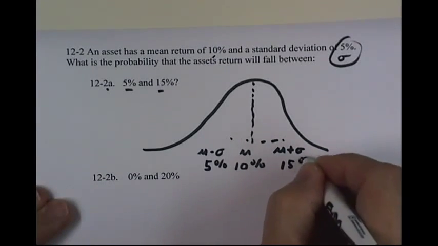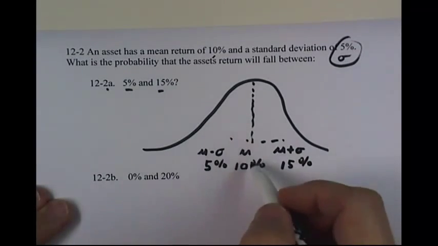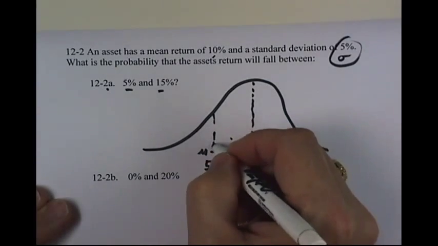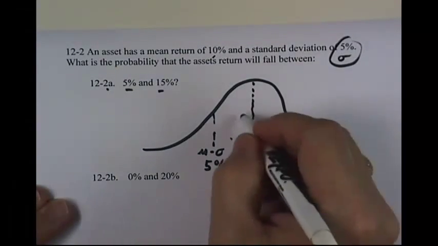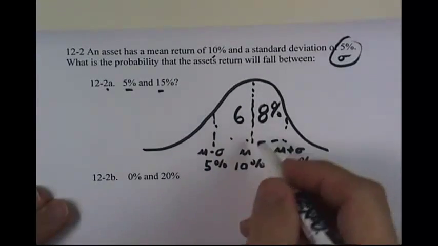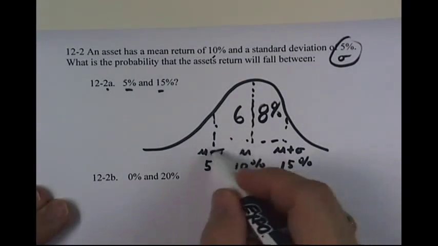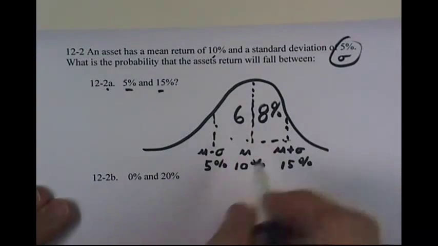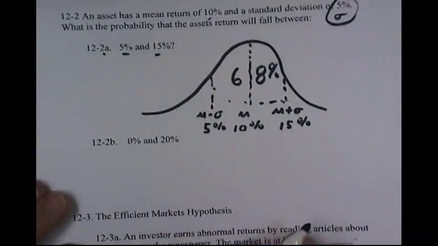So the mean of 10%, we go 1 sigma down to 5, 1 sigma up to 15, and as we mentioned in the lecture, 68% of the outcomes for a normal distribution fall between the mean minus sigma and the mean plus sigma. So 68% in Part A.